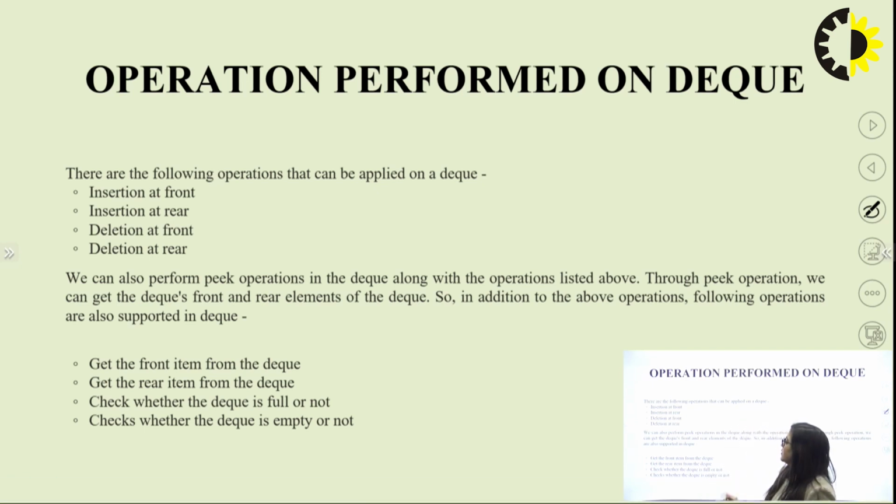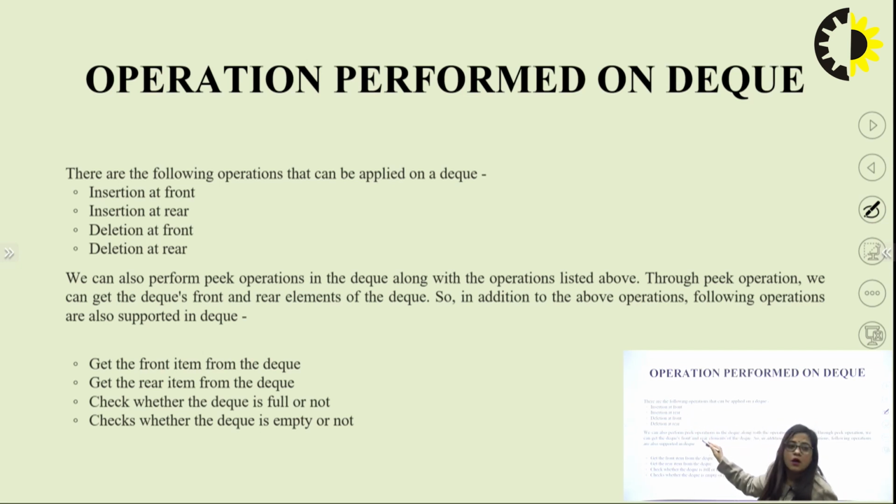First is insertion at the front, where you want to insert an element at the front. Second, insertion at the rear. Third, deletion at the front, where you want to delete a particular element from the front side. And fourth is deletion at the rear, where you want to delete a particular element from the rear side. These are the four operations performed on DQ.